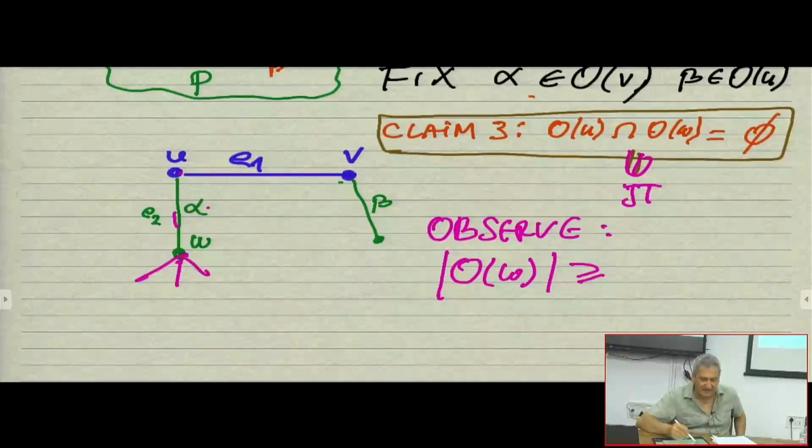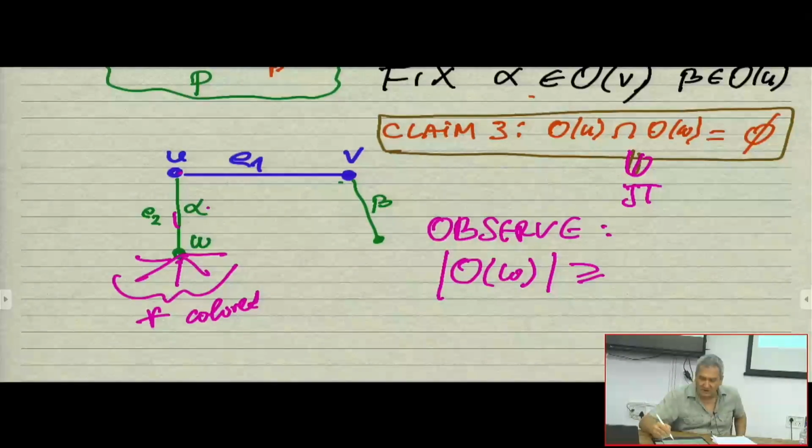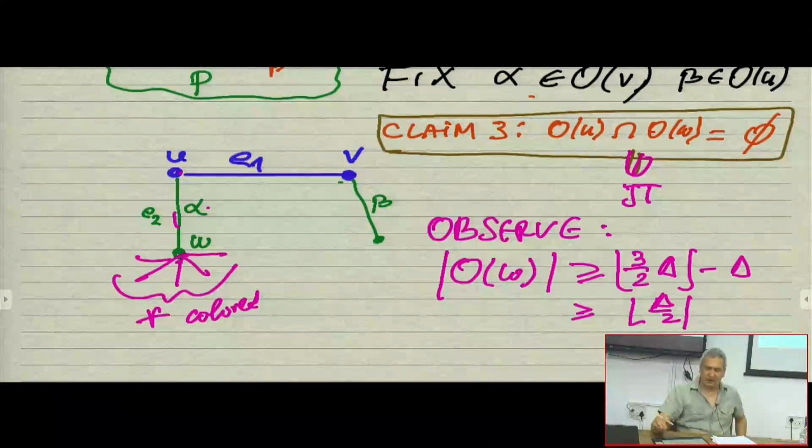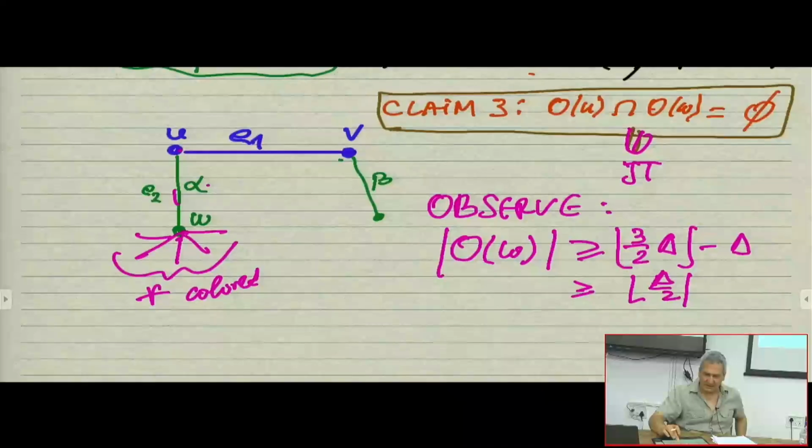Maybe everything is colored. So we are going to have 3 delta minus delta, at least delta half. Okay? This is an observation.